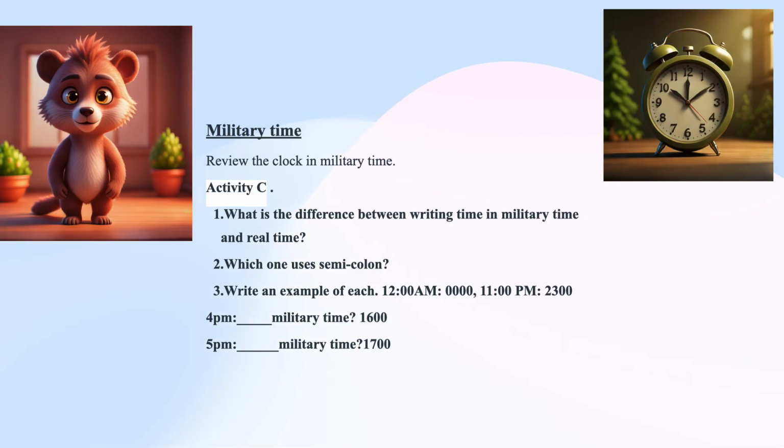So please make sure you do this review constantly if you're not familiar with military time, so you will get it right. You should not be getting mistakes on how to write military time. And again, it takes more and more practice. More and more practice, they say, makes man perfect.